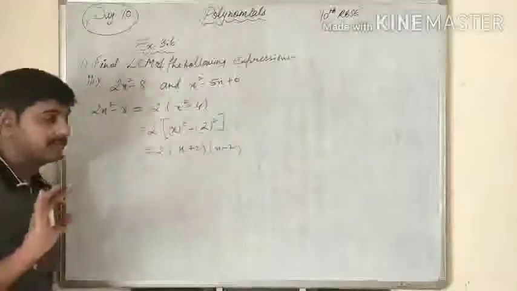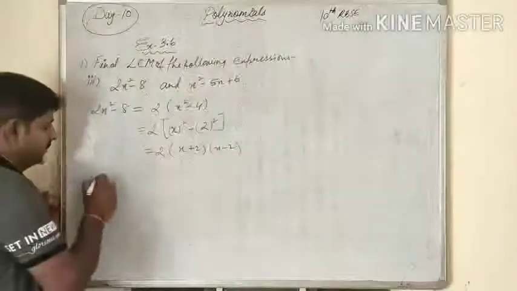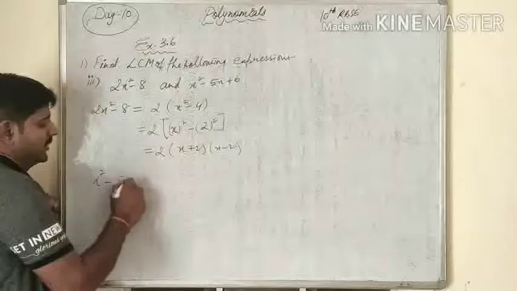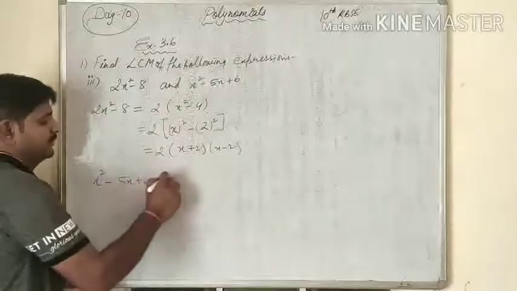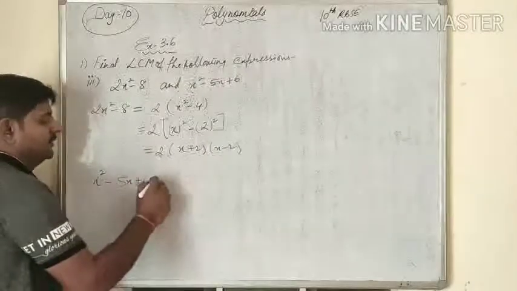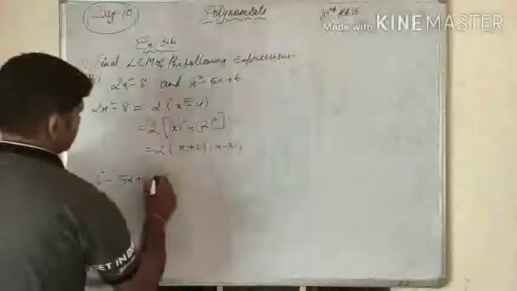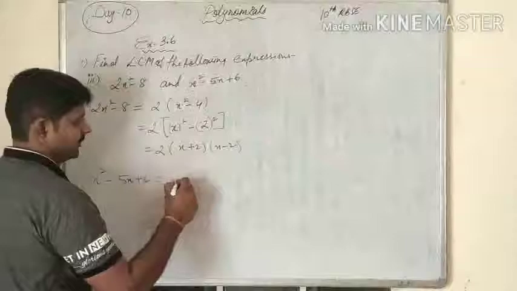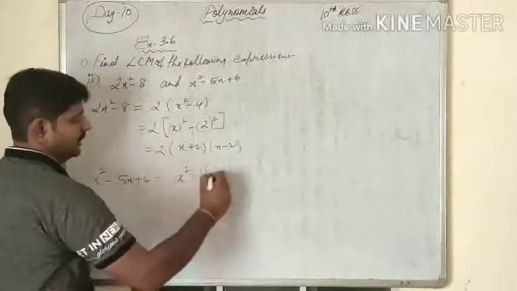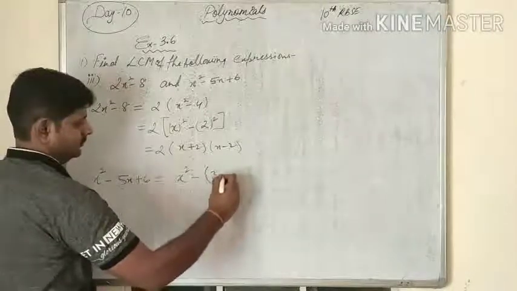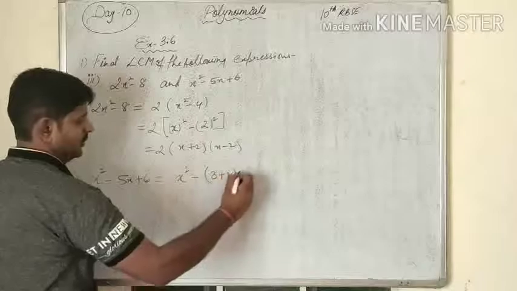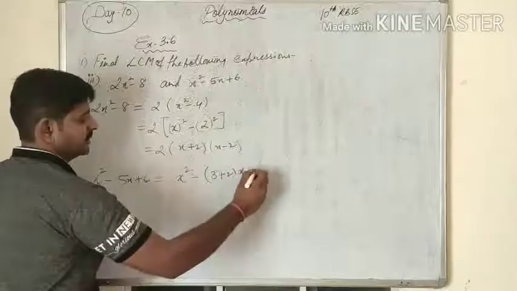These are the factors. Now let's take the second one, x square minus 5x plus 6. If we solve this, here we take x square and 3 twos are 6, so their product is 6 and their sum is 5.